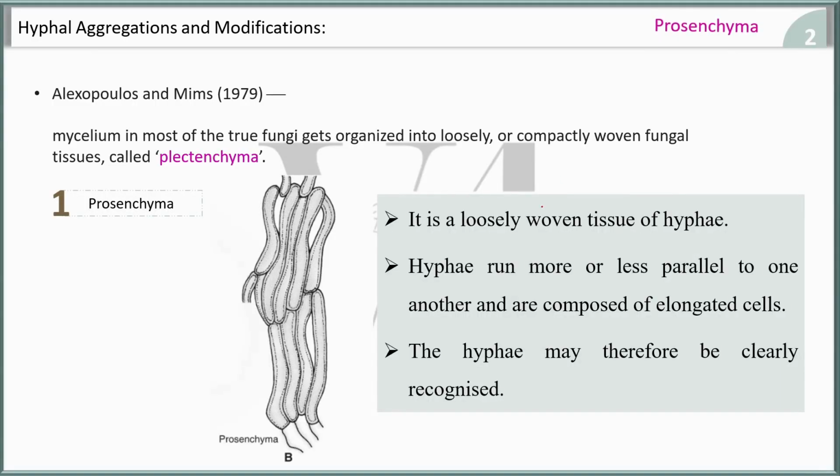Prosenchyma is a loosely woven tissue of hyphae. As the hyphae are loosely interwoven, you can clearly make out individual hyphae. Here these hyphae run more or less parallel to one another, and they are composed of elongated cells.